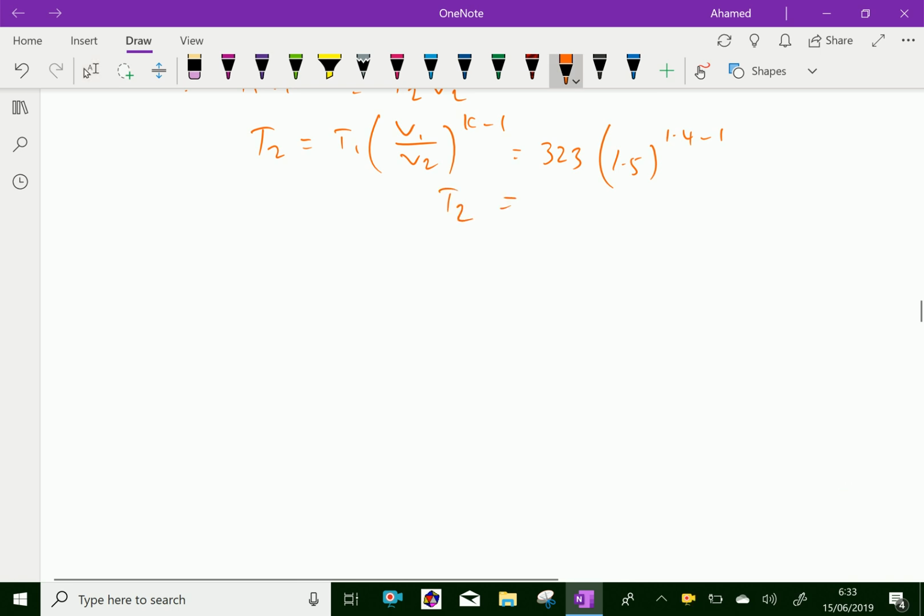T2 is 323 into 1.5 power 1.4 minus 1, which is 0.4, equal 379.87, which is approximately equal 380 Kelvin, which is equal, minus 273, 107. Therefore final temperature is 107 degree Celsius.